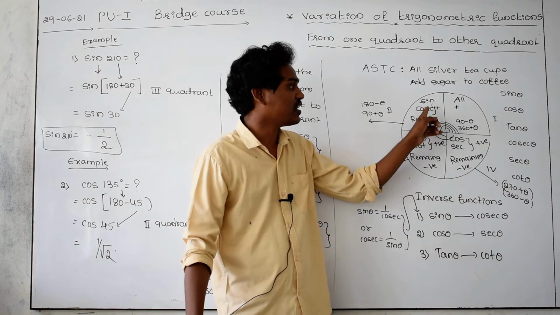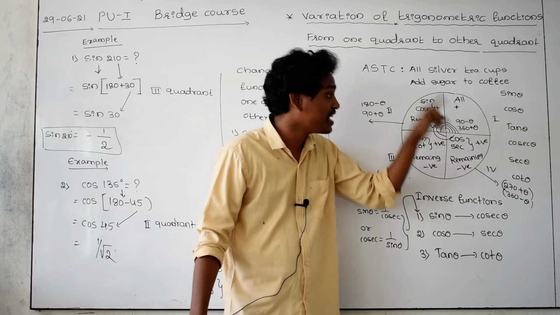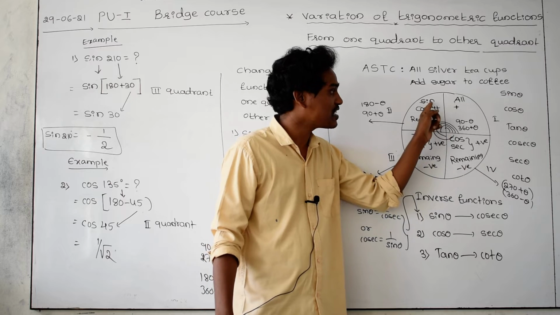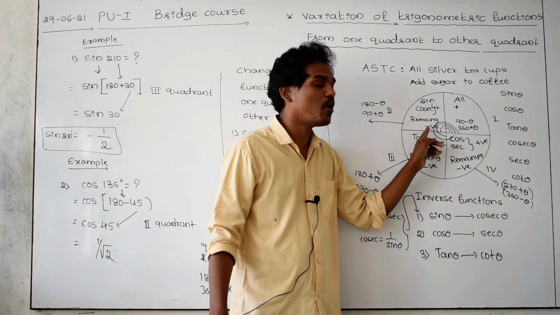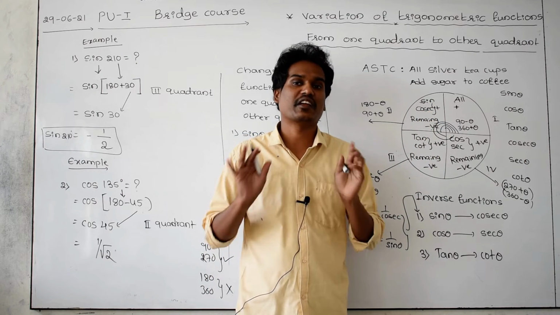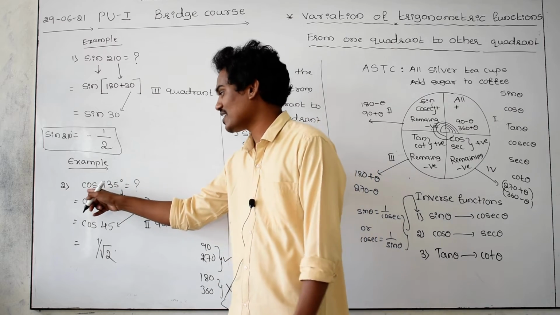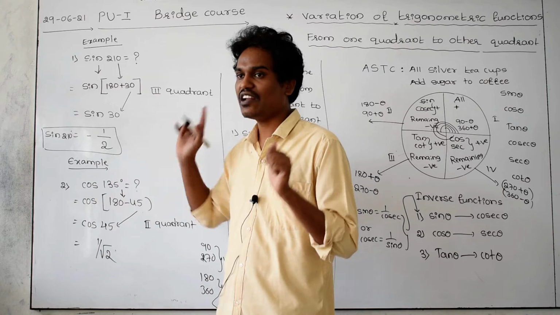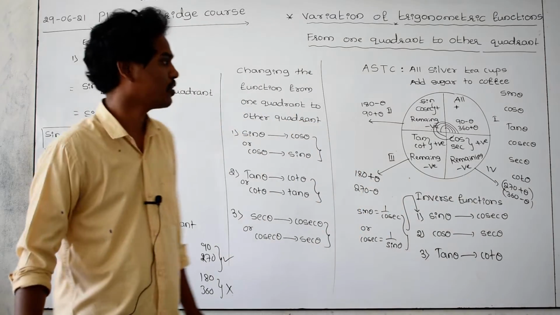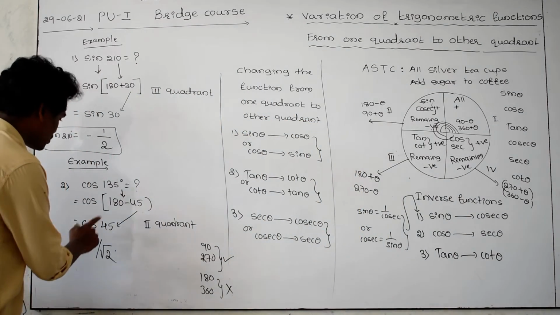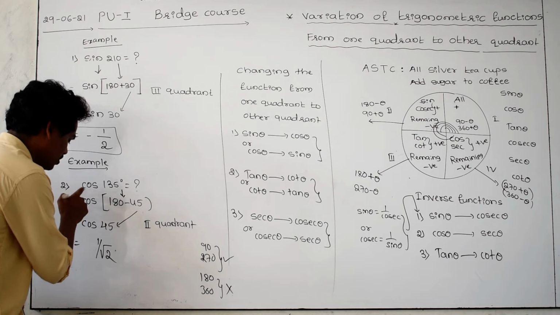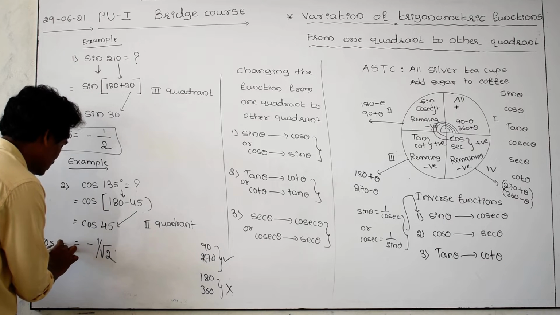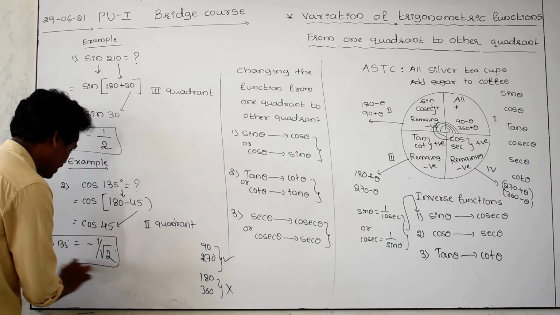In the second quadrant, sine is positive and its inverse cosec is positive. But except sine and cosec, all the remaining are negative. Therefore, in the second quadrant, cos is negative. Therefore, here, this is cos 135. In the second quadrant, cos is negative. This is the answer for cos 135 degree.